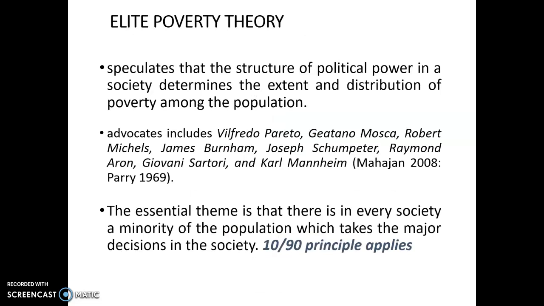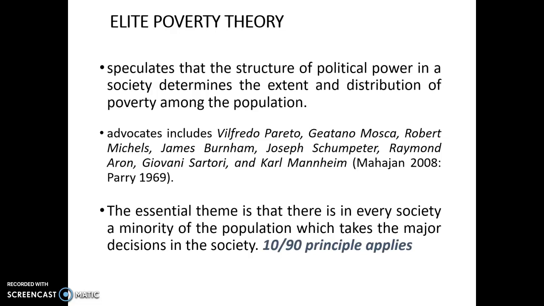Elite poverty theory speculates that the structure of political power in a society determines the extent and distribution of poverty among the population. It includes Pareto, Mosca, Robert Michels, James, and many other authors.